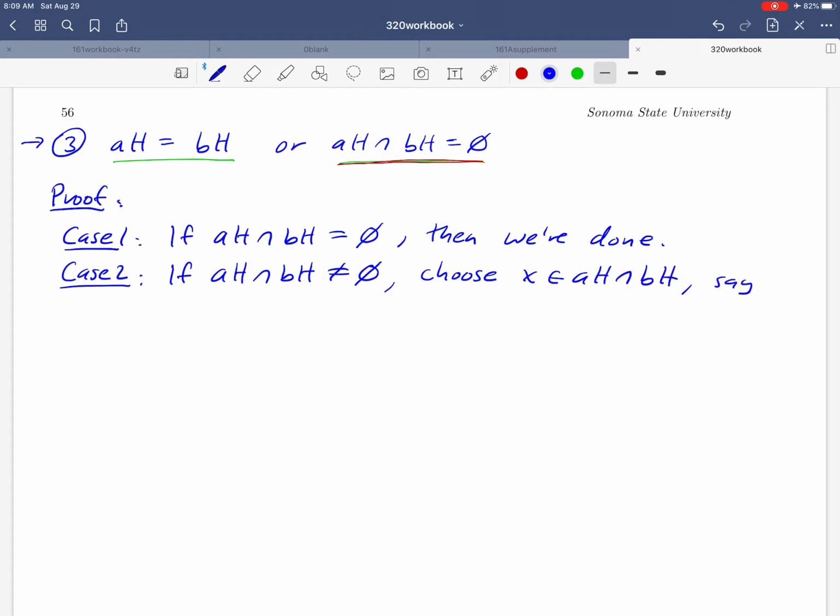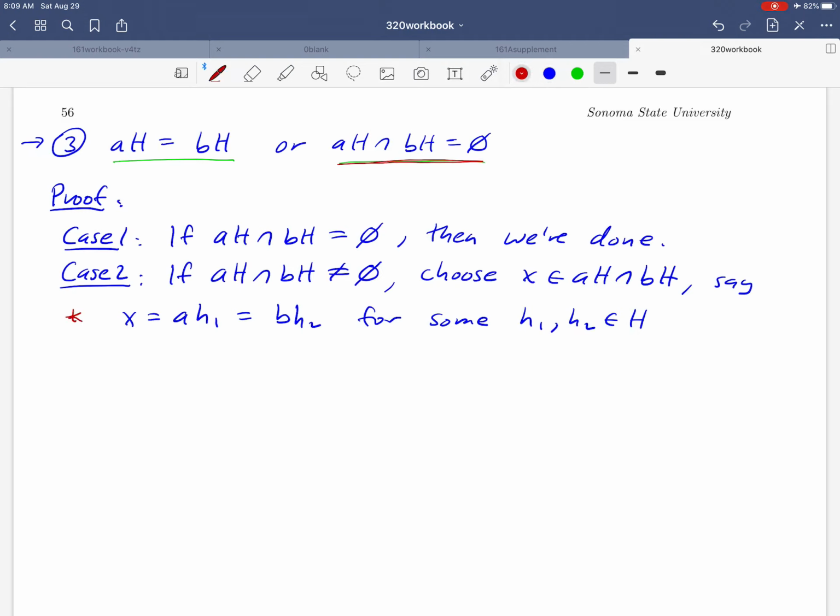And then remind ourselves what that would mean. That's saying that x is in AH and it's in BH. The fact that x is in AH just means that we can write x as A times something that's in H. And the fact that it's in BH tells us we can write x as B times something that's in H, where these H1 and H2 are just some elements in H.